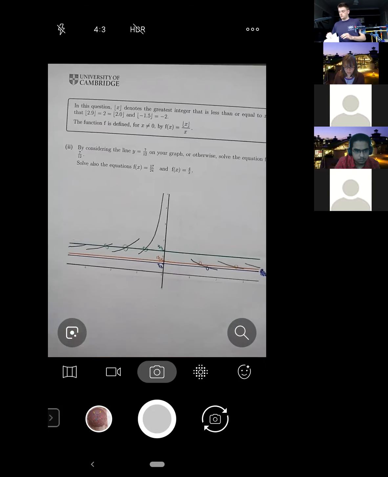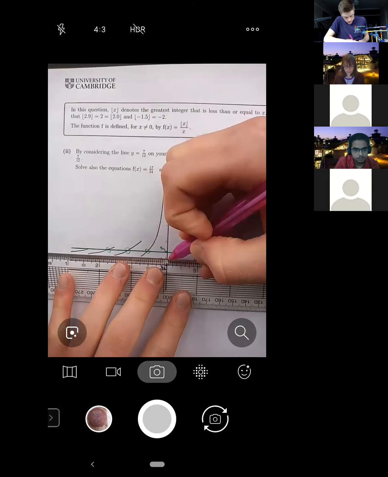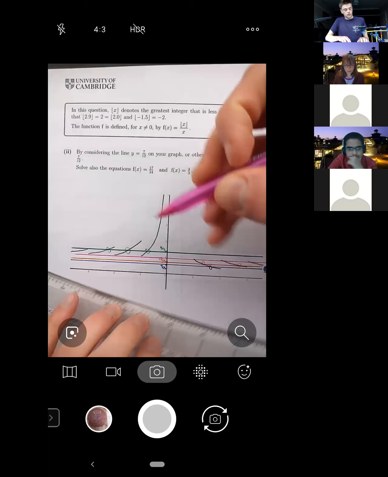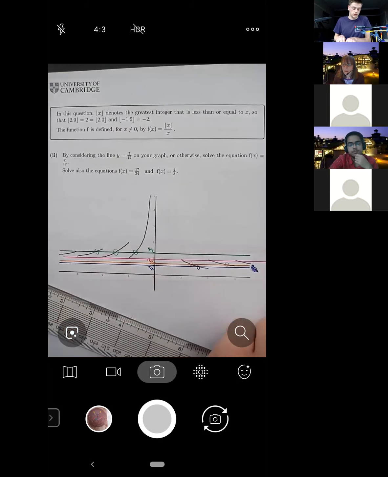So if we think about our line, that's going to be 9/10. It's going to be just below 1 here. So it's not going to have any negative solutions, and we're going to be looking for some positive solution that's out here somewhere.